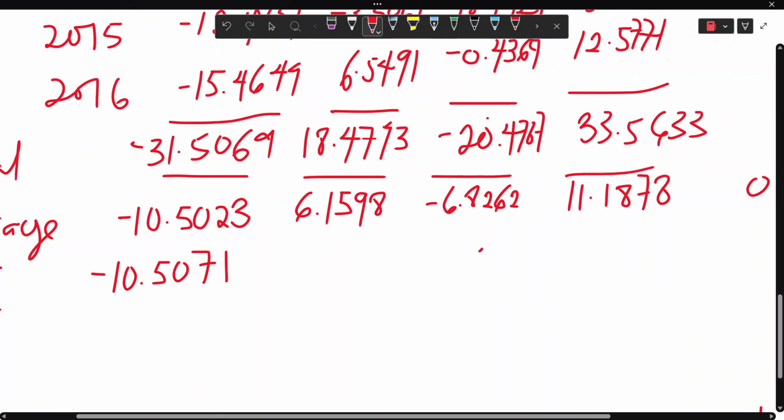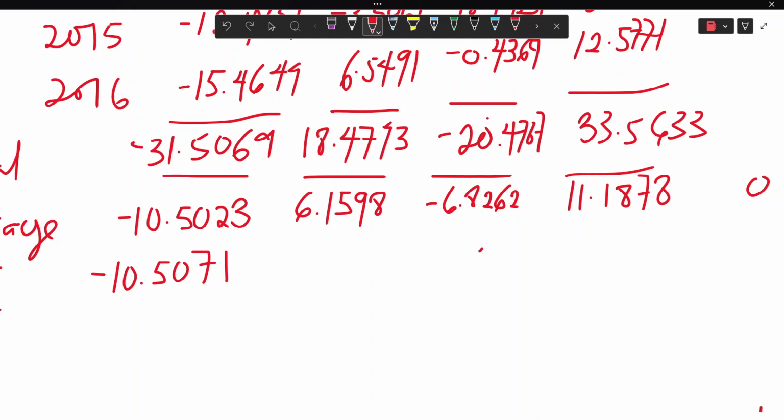The next one is 6.1598 minus 0.004775, which gives 6.1550.